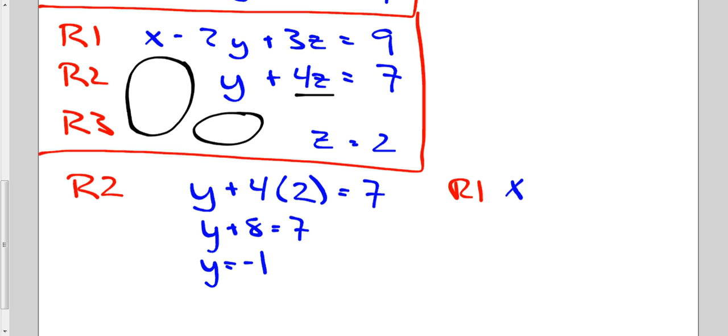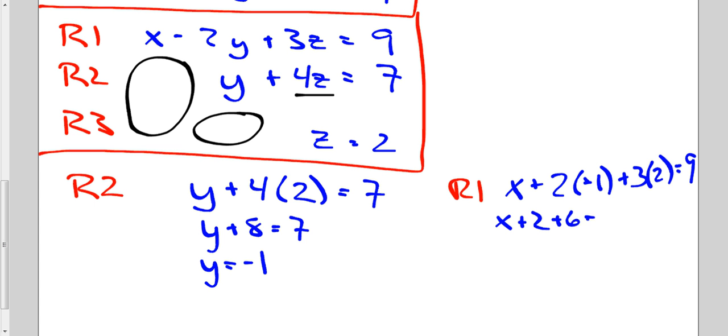So x minus 2 times -1, that's my y, right? The y goes there, plus 3 times 2 equals 9. So then I simplify. Boom, boom. So x plus 2 plus 6 equals 9.